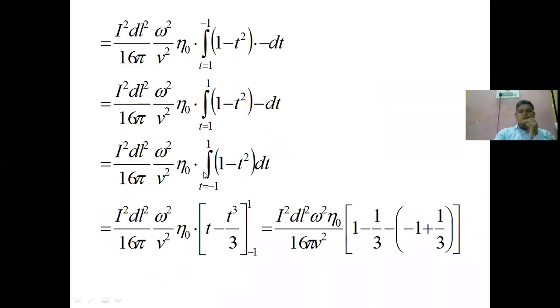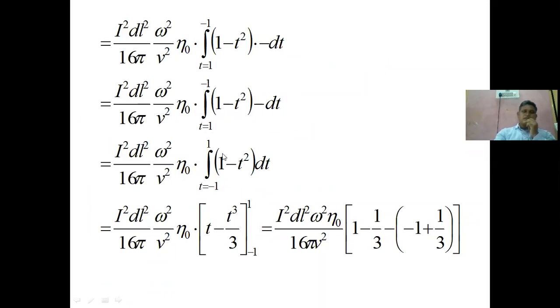Substitute in the above equation. Here a negative term is there, so you can interchange the upper limit and lower limit. Now we are getting t from 1 to minus 1, of (1 minus t square) times minus dt. Otherwise, you can write this as the integral from minus 1 to plus 1 of (1 minus t square) dt.